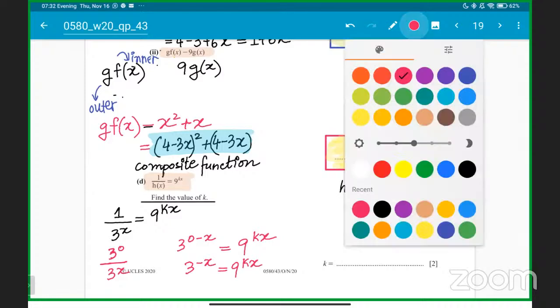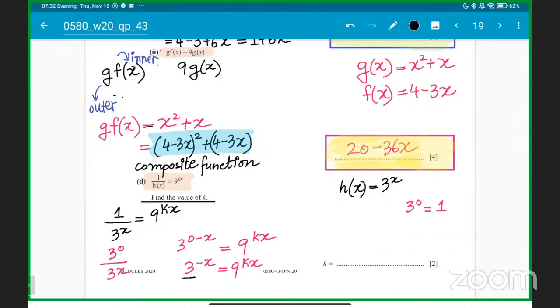Now because this is 3 and this is 9, we can represent 9 as 3 squared. So 3 power minus x is equal to 3 squared to the power kx, and you can write 2kx as well.